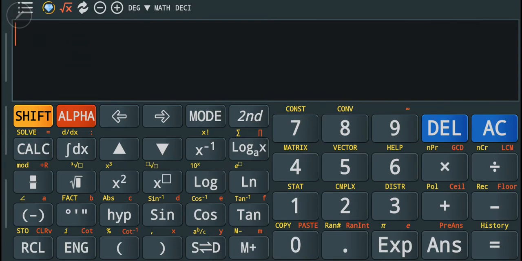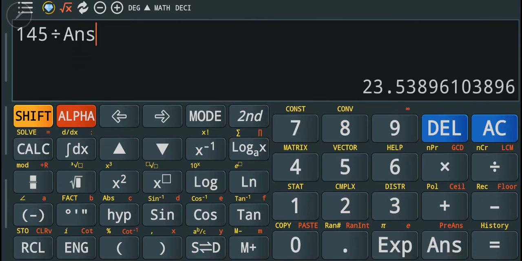Here, 3 times 0.89 plus 1 times 3.49, I think. Yes, it becomes 6.16. That is the price of one package, you know. And he has $145 divided by the answer.